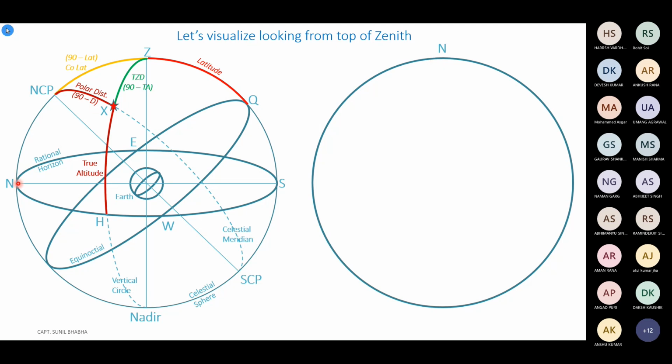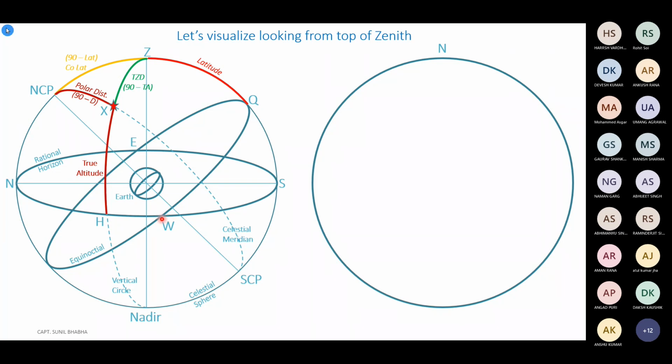Exactly opposite to this north direction, on the other side, you will have the south point. If you go 90 degrees towards the right side of north, you will have the east point. And if you go 90 degrees towards the left side of the north point, you will have the west point.